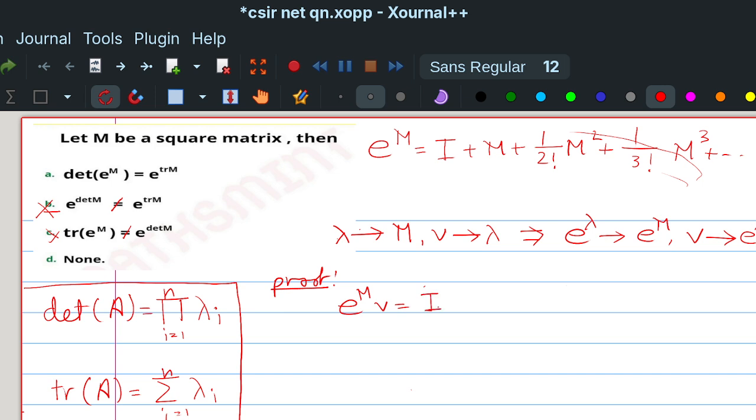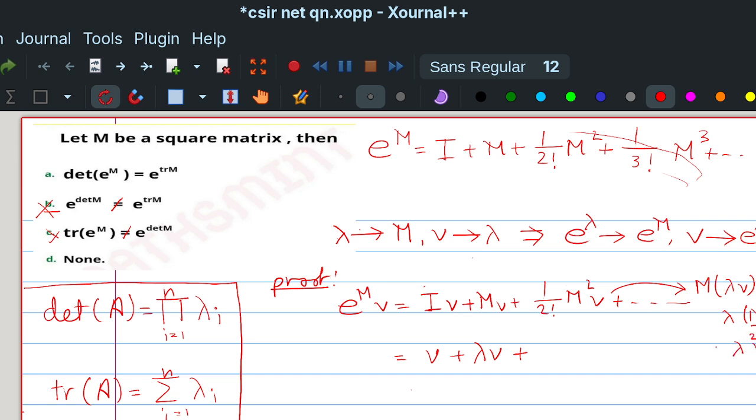It will be I into v, Iv becomes v, M into v, Mv becomes lambda v, since we have considered this, plus 1 over 2 factorial M square into v, and so on. M square v becomes M into lambda v. This lambda comes out and it becomes Mv, and again Mv is equal to lambda v, so it becomes lambda square v.